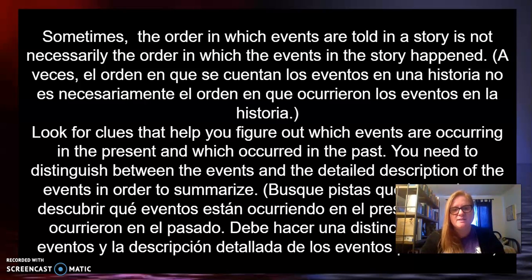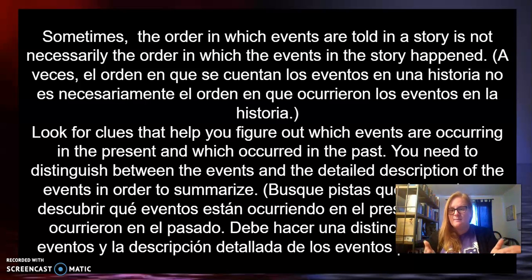So look for clues that help you figure out which events are occurring in the present, what's happening to Miguel right then and there, and what happened in the past. You need to be able to distinguish between the events and the detailed description of the events in order to summarize, right?